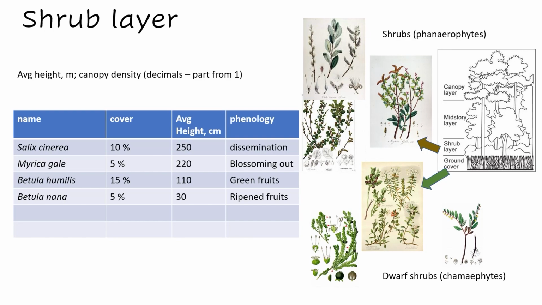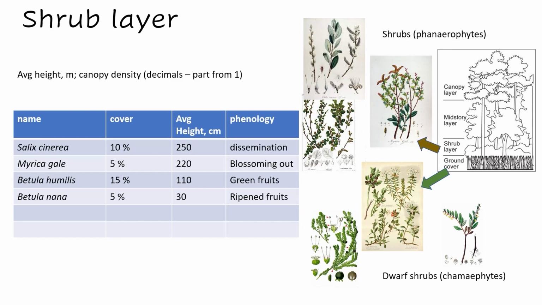For example, in America there are a lot of Vaccinium species which are shrubs, so just be careful. Here are examples for the temperate zone of Eurasia. So please describe in the shrub layer only shrubs.